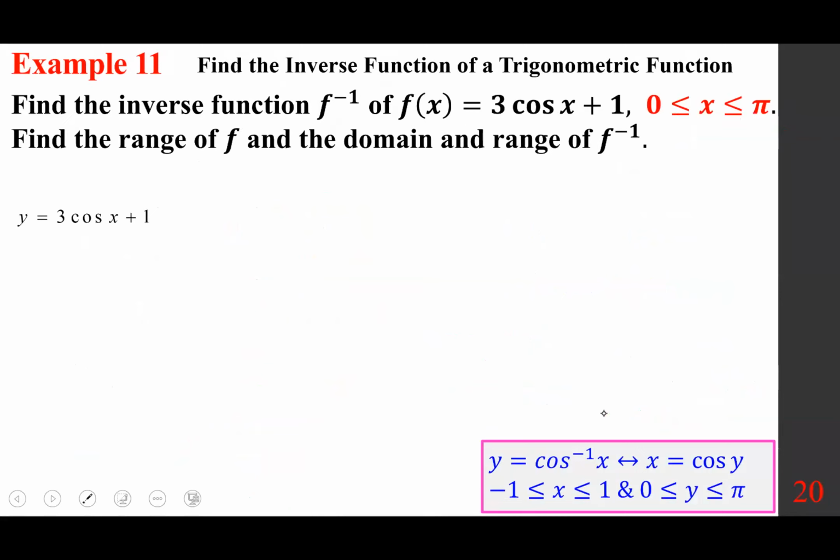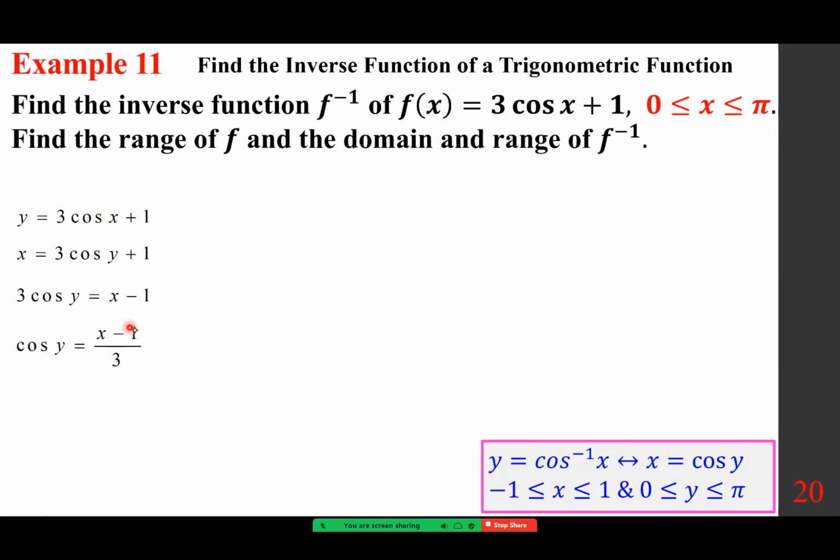We are going to do the same thing here. We want to find the inverse. So first and foremost, f changes to y because it makes it easier. Now we interchange x and y. If I subtract 1 and I divide by 3, I get cosine y.